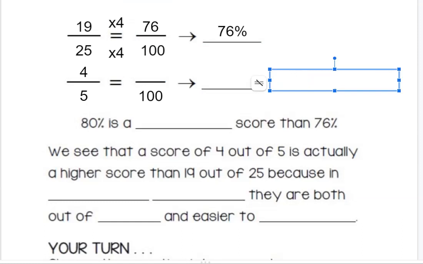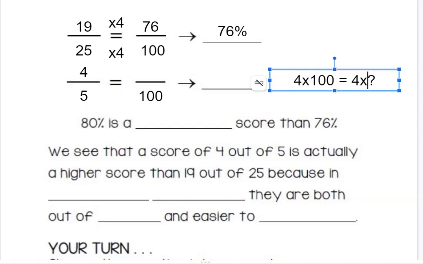So when we look at the cross products, we're talking about 4 times 100 and then 5 times the missing amount. So 4 times 100 has to be the same product as 5 times the missing amount.